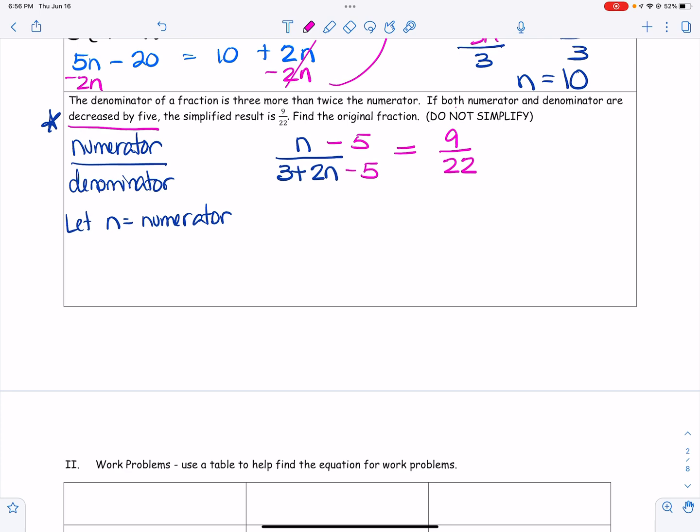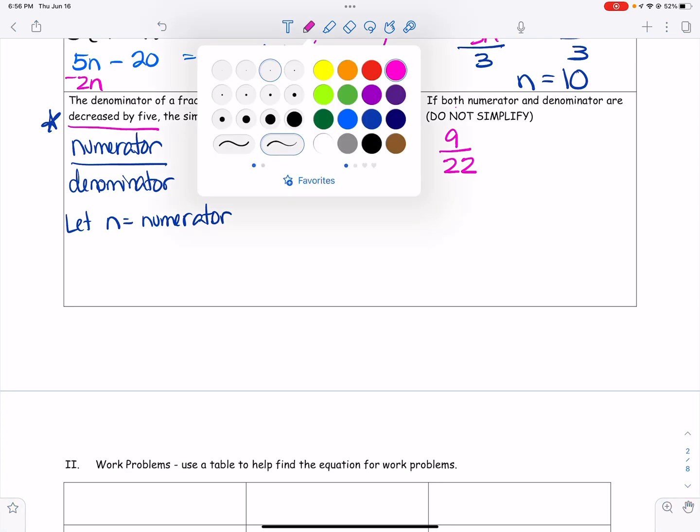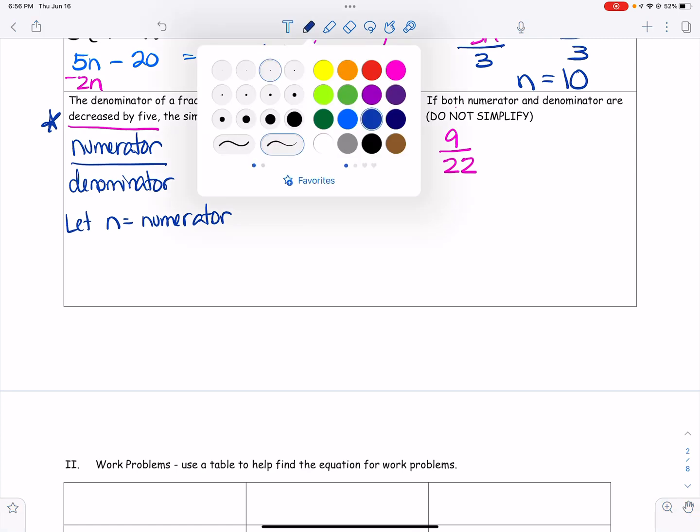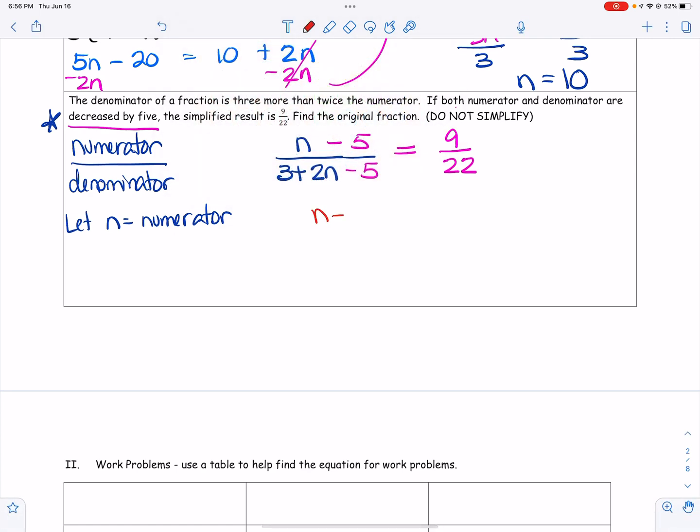I clean up this fraction. So extend this a little bit, okay? So now I'm going to leave n minus 5, and then I'm going to collect 3 minus 5, so I get 2n minus 2, and that equals 9/22.